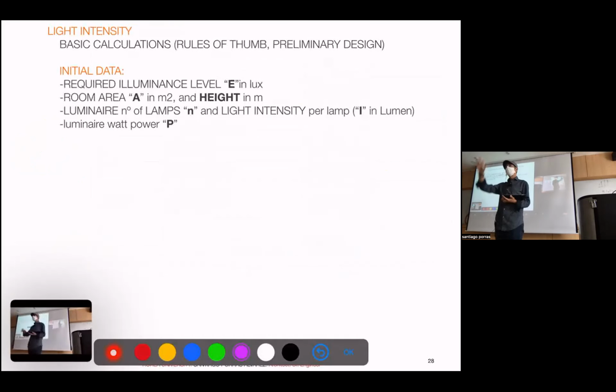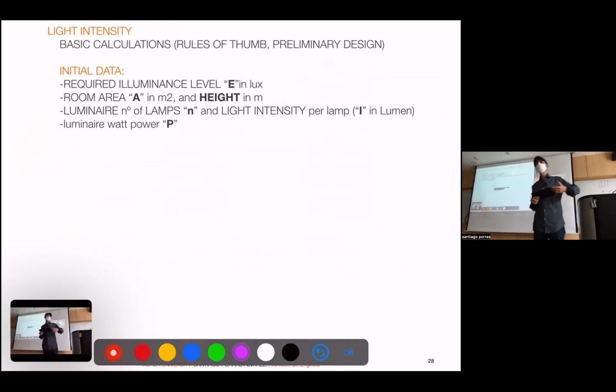So we saw for one lamp. When we have several lamps to light one full room, the principle is the same, but we have a basic formula just to have a pre-dimensioning. Then always the engineer, the specialist, or the light company will complete the calculation for you, but have some idea, right? So we already are familiar with the required illuminance.